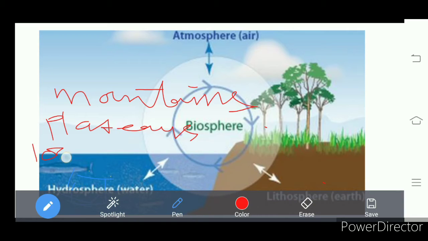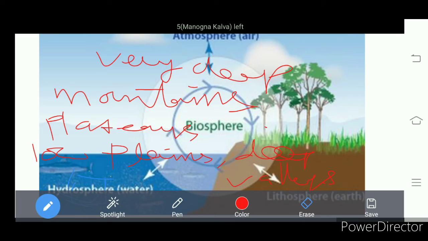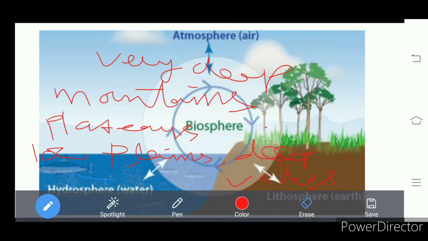We find low plains, deep valleys, and some are very deep valleys. All these are part of the lithosphere where we are living.